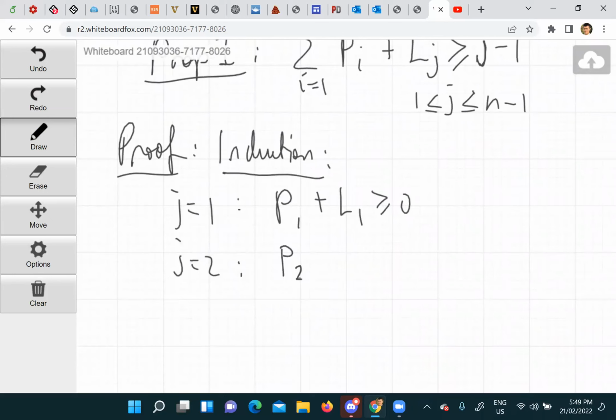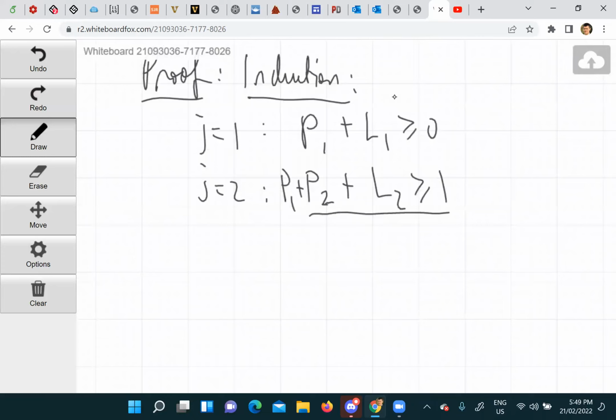For j equals 2: P1 plus P2 plus L2 is greater than or equal to 1, yeah? Is that also obviously true? P2 plus L2 is greater than or equal to 1. And P1 is just 0, so we've already proved this before, right? Yeah, that was definitely true.